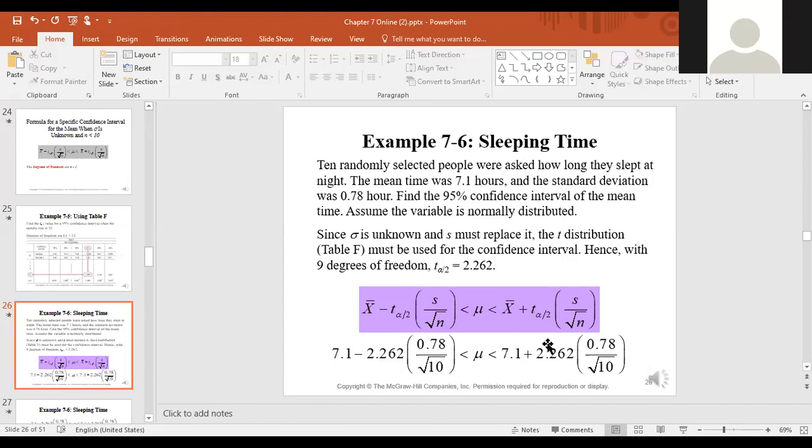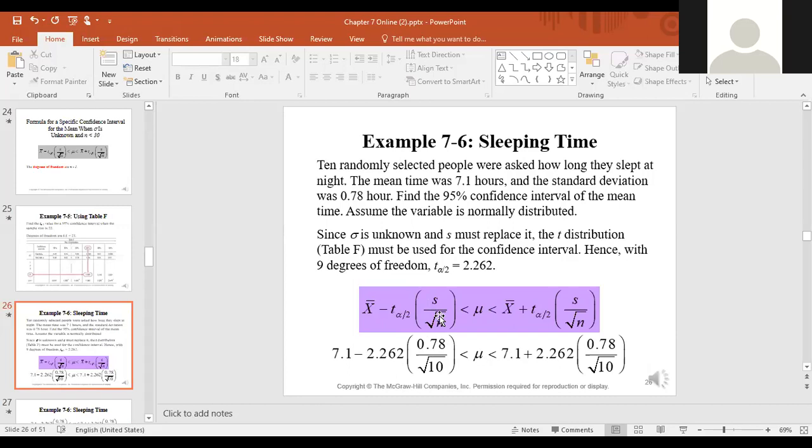The standard deviation is S, which is 0.78. The sample size N is 10. You fit into this equation. Remember, you have to do 7.1 minus the margin of error. The margin of error is this portion, which you can compute separately, subtract it from the sample mean, and add it to the sample mean.